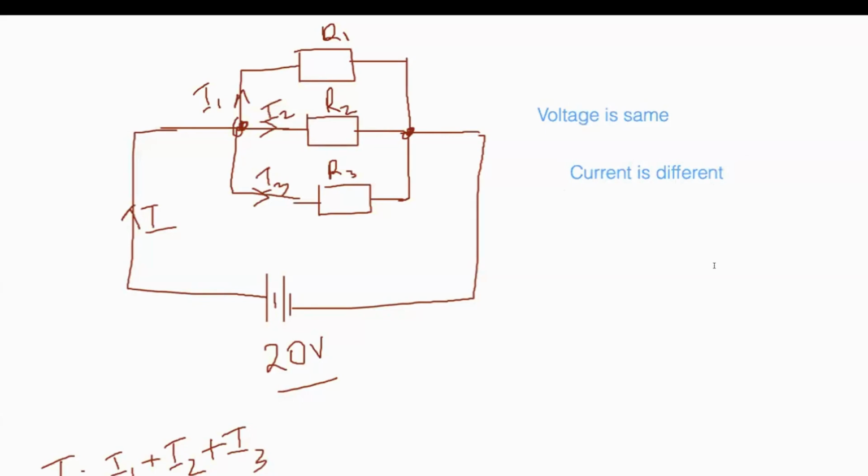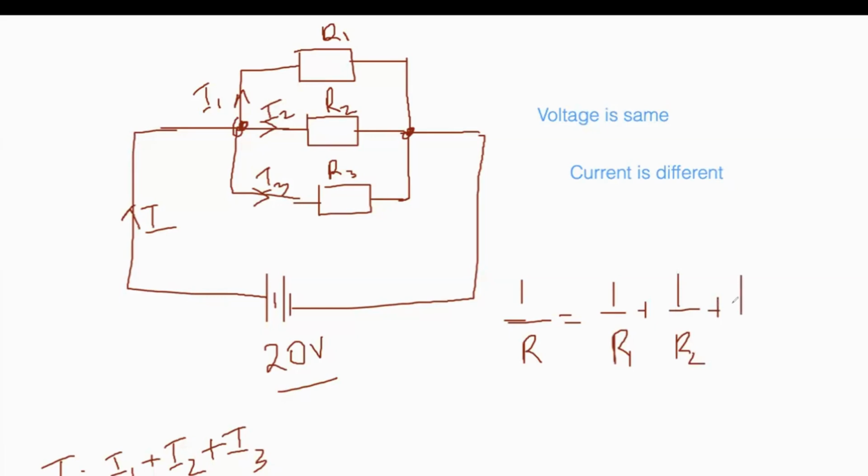Now, since they are connected in parallel, their combination also has a formula. Combination of resistors in parallel: the total resistance R is given by 1 by R equals 1 by R1 plus 1 by R2 plus 1 by R3.